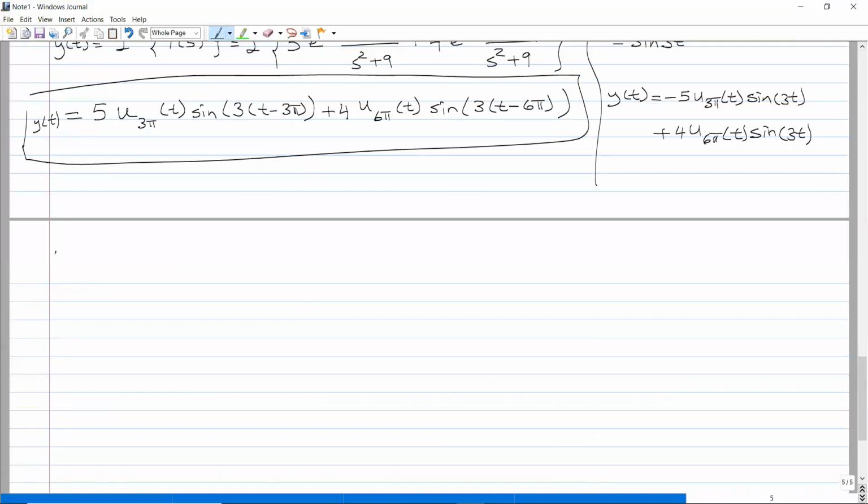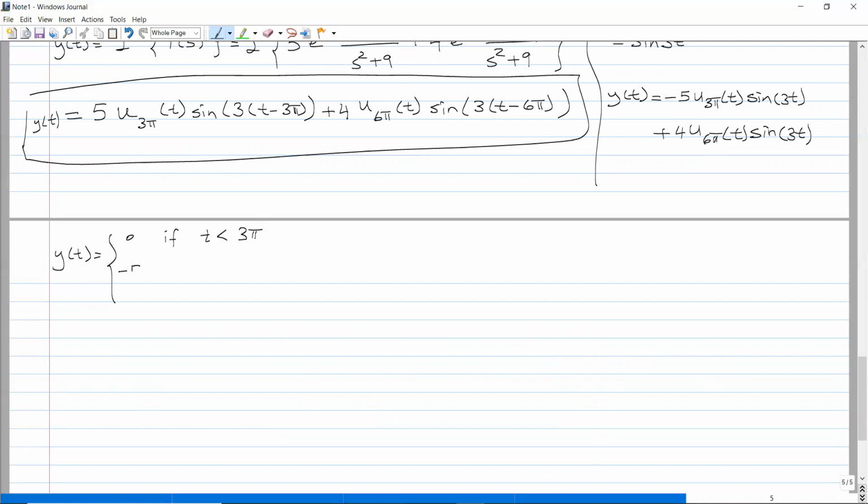So this means, first of all, the function is 0 if t is less than 3 pi. Because if t is less than 3 pi, it is also less than 6 pi, so both u_3pi and u_6pi are 0. Now, if t is between 3 pi and 6 pi, u_3pi is going to be 1, but u_6pi is going to be 0.